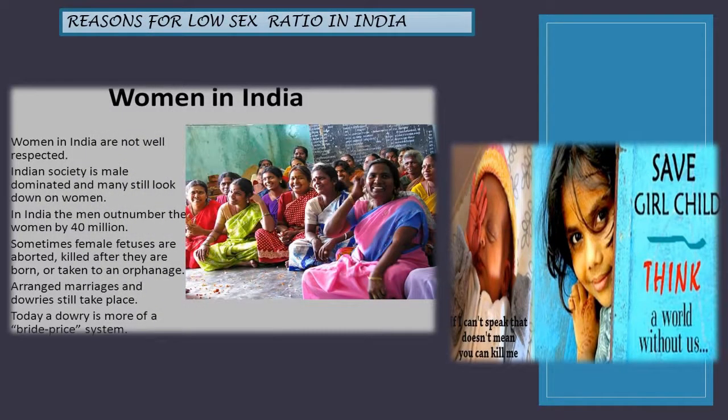Reasons for low sex ratio in India. Students, our country, India, has been culturally a male dominated society. As a large population is dependent on agriculture, a male child is considered more of an asset to farming activity. Due to male domination, women's health care has been ignored for the past decades.